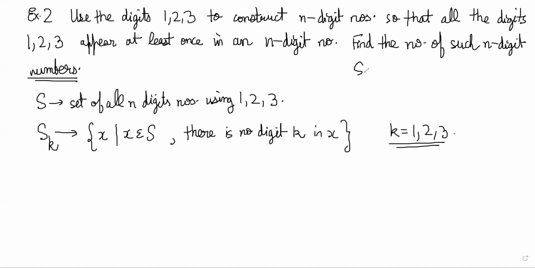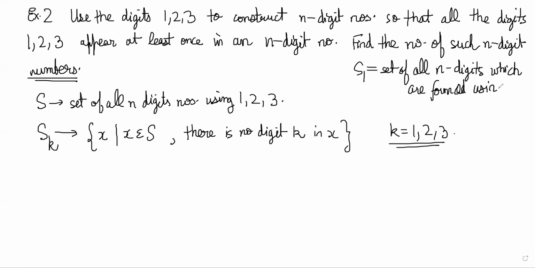So basically, what is S1? It is the set of all n-digit numbers which don't have 1, which are formed using just 2 and 3. Similarly, S2 will be the set of all n-digit numbers formed using just 1 and 3. They don't have 2.